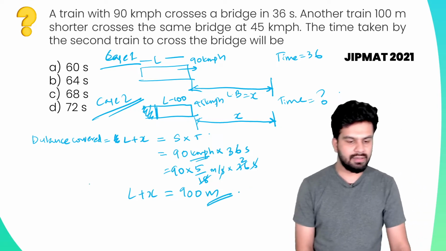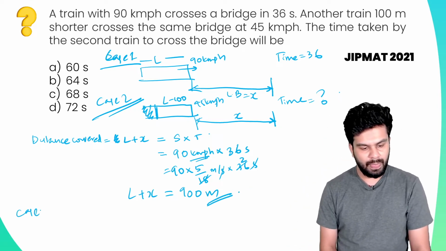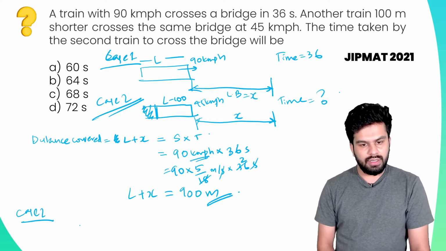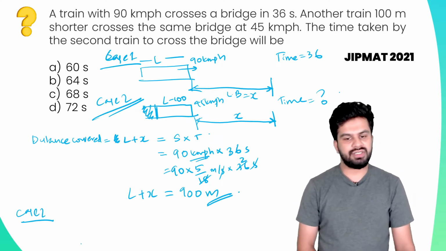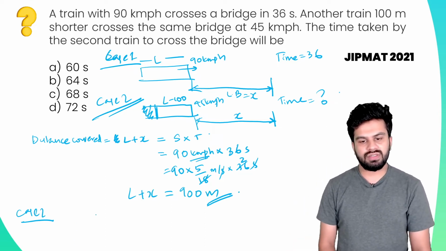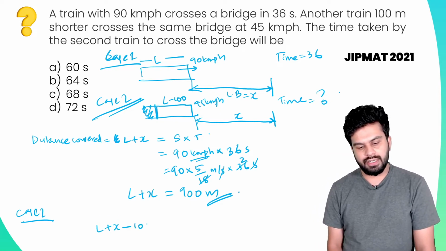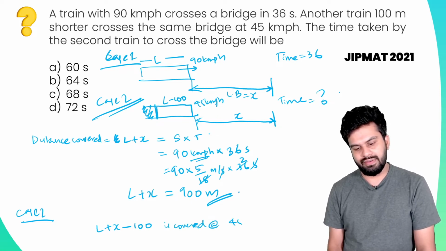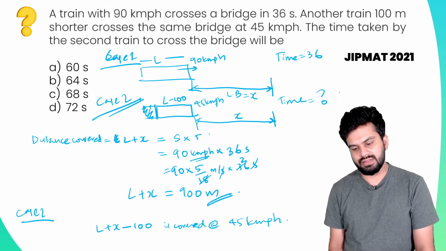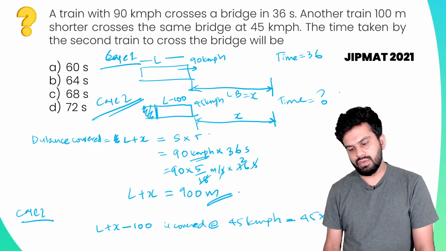In the second case, the second train, which is 100 meters short, crosses the same bridge at 45 km/h. That is, L plus x minus 100 is covered at 45 kmph, or we can say 45 into 5 by 18, which is how much?